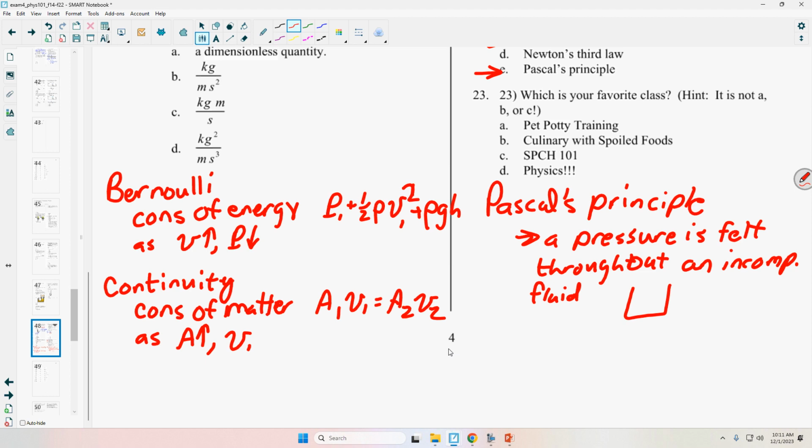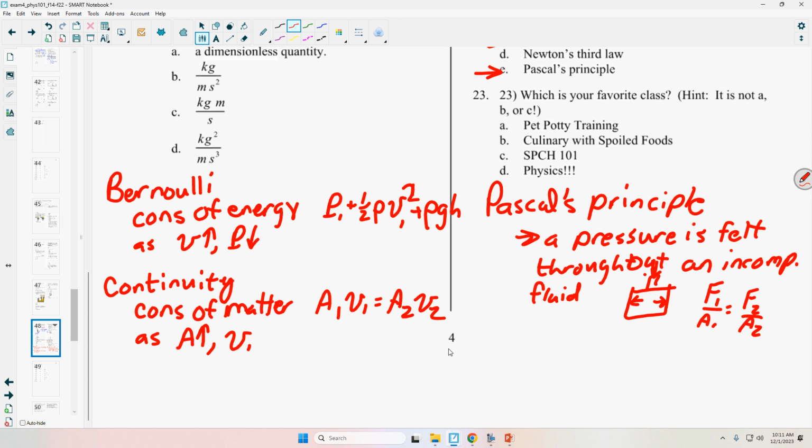Remember, we drew this picture of a piston, and we said that whatever pressure is here is also here and here. It has to be an incompressible fluid for that to happen. The equation for that was just F1 over A1 equals F2 over A2. That particular equation is not on your equation sheet, by the way. The equation for pressure is, so I don't really consider that an equation so much as just saying that this pressure becomes this pressure, so P1 is equal to P2.